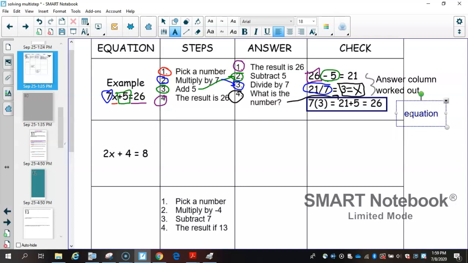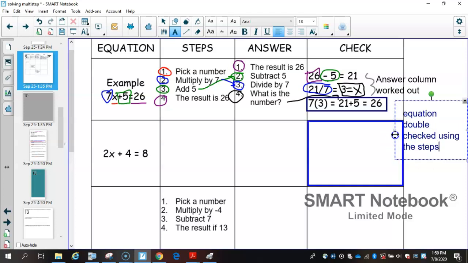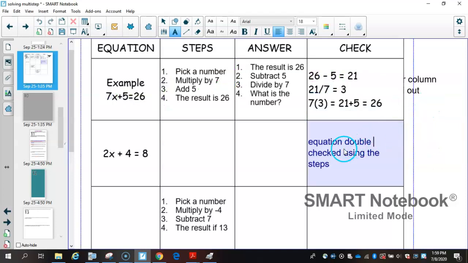The equation double checked using the steps. No. I did not want that to happen.